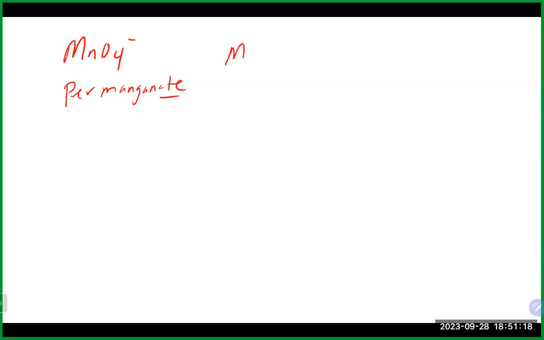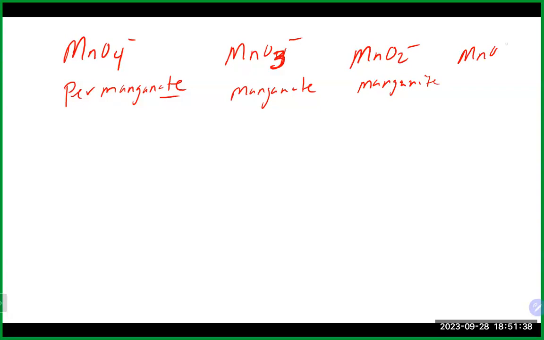What would MnO3 minus be? That would be manganate. What would MnO2 minus be? Manganite. And MnO minus would be hypomanganite.